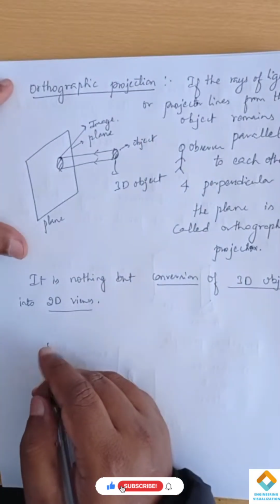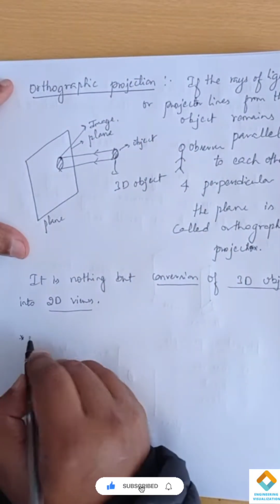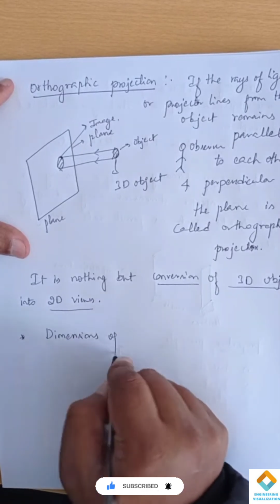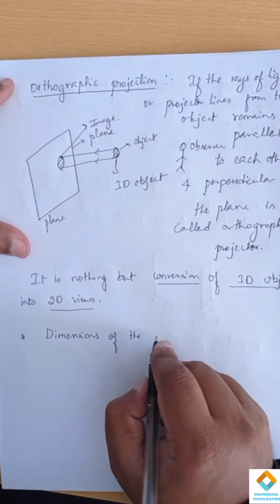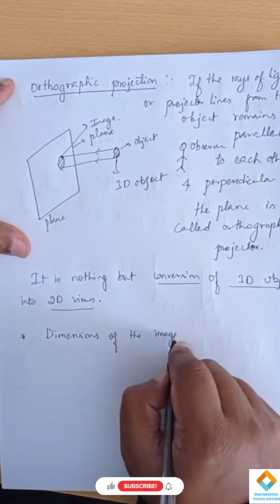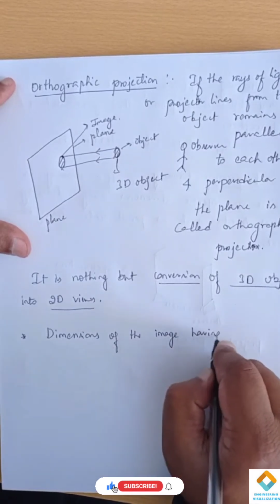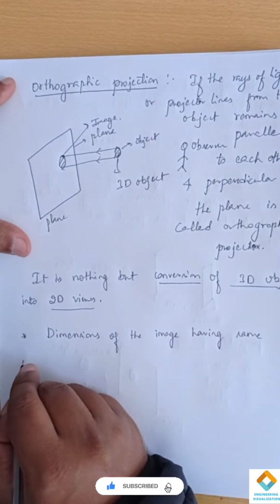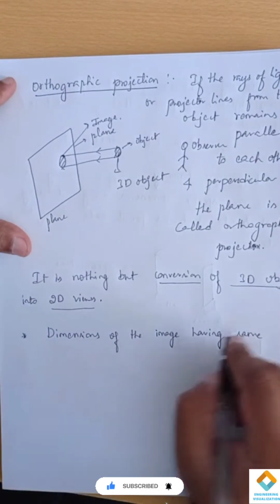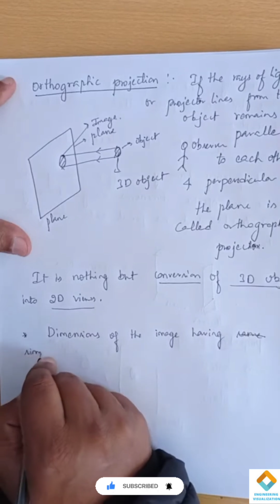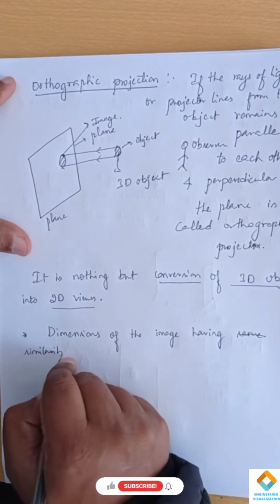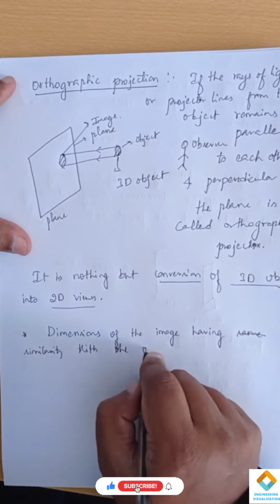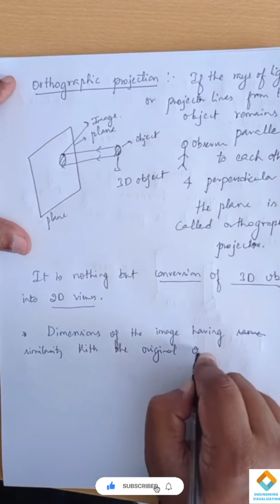And another important thing in this orthographic projection: the dimensions of the image have similarity with the original object.